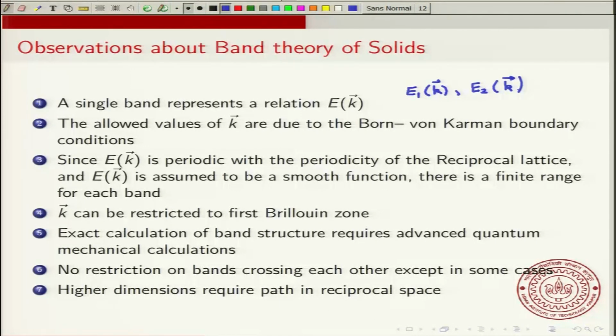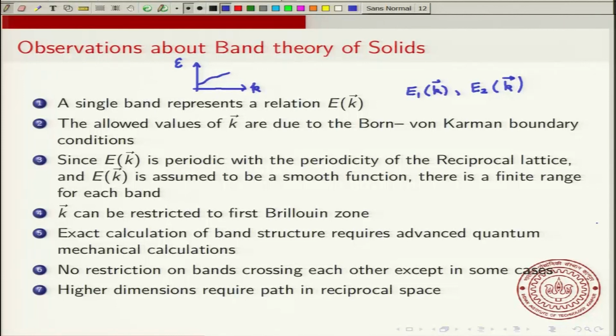Okay. And now this is a very interesting picture that we have. Pictorially what we have is something like this. You have k and you have E, and for a band you have some relation between E and k that represents the band.